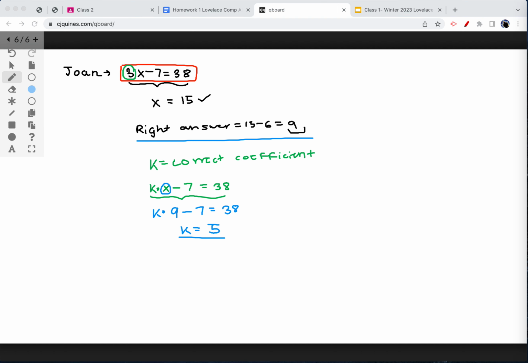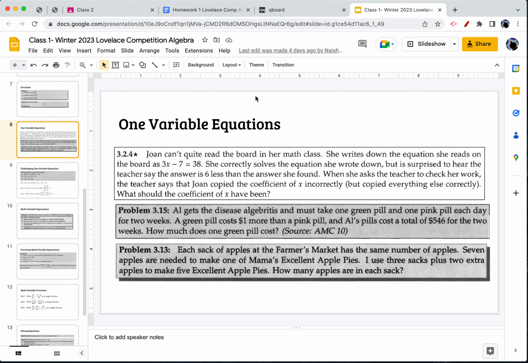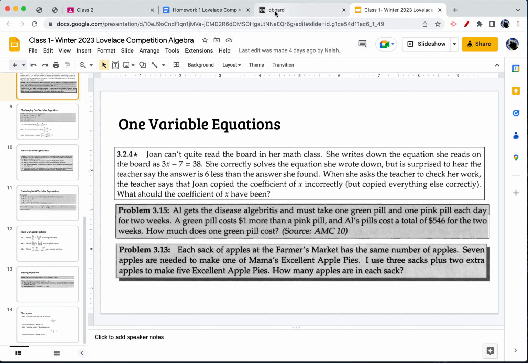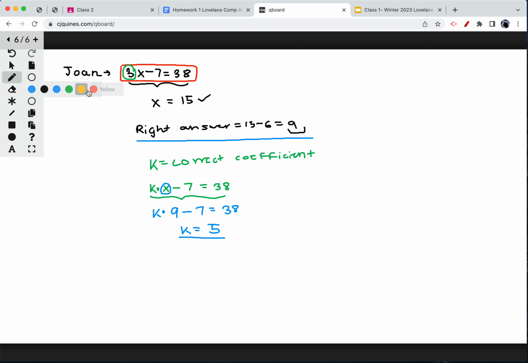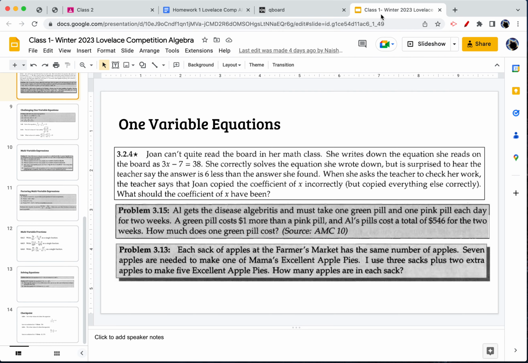Okay. So I know this is a little bit simple, but I think we'll definitely get a lot more challenging as the class progresses. So the next problem is actually from the AMC 10, but it's still pretty simple since it was an old AMC 10.